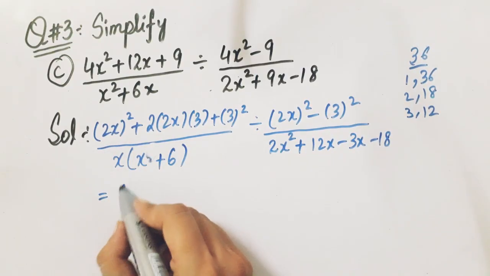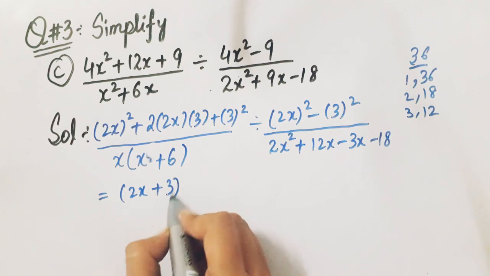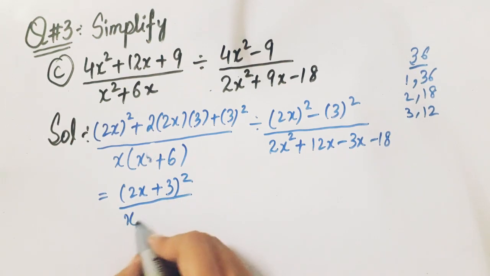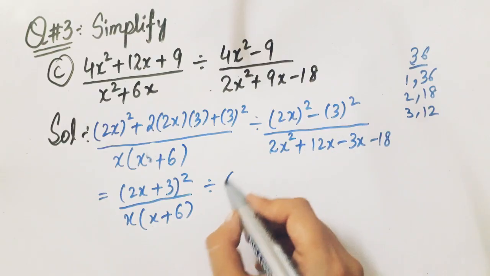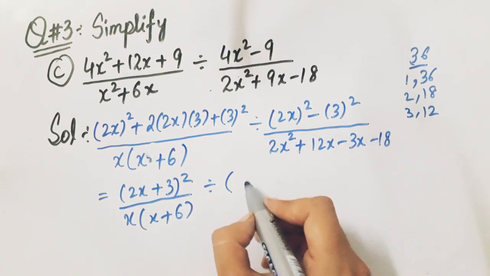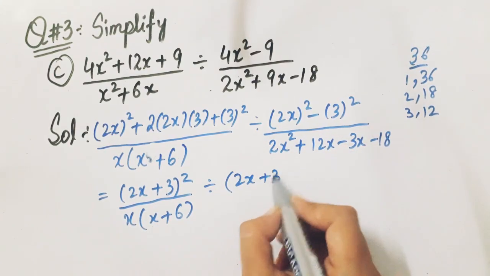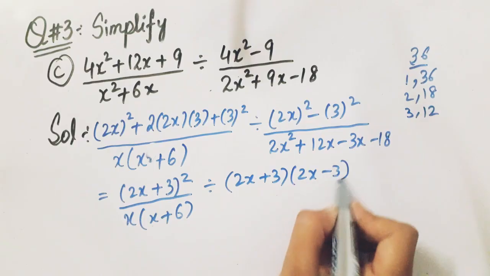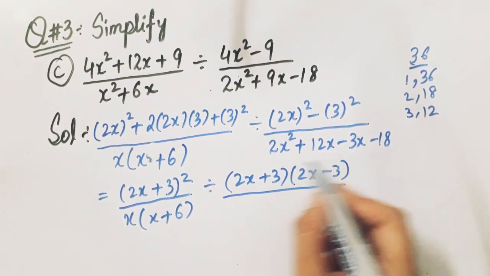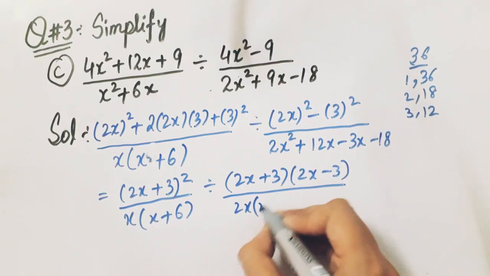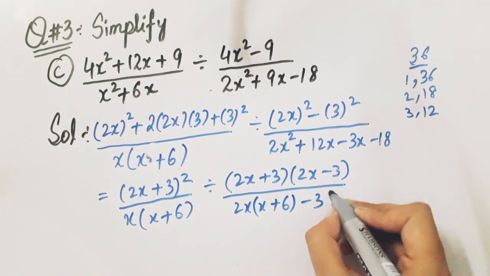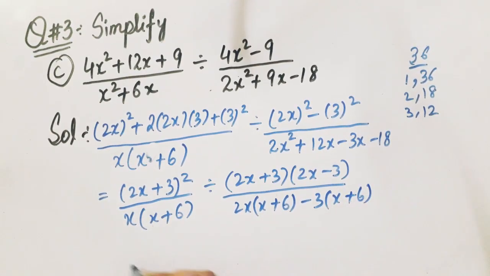Now this will become 2x plus 3 whole square. Here you have x into x plus 6 divided by, here we apply the a square minus b square formula, 2x plus 3 and 2x minus 3, and in the denominator you will take 2x as common and x plus 6, and minus 3 as common, so x plus 6.